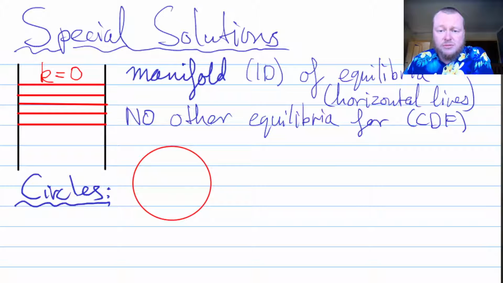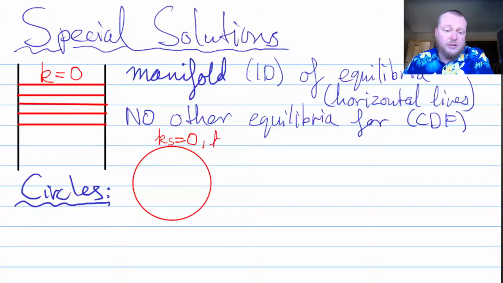Now, on this circle, we've got curvature. Now, if you think about it, a circle bends the same all the time. And so basically what this is an example of is a curve where the derivative of the curvature is 0. And so that means that it doesn't do anything for curved diffusion flow. It's an equilibrium. And any circle with any center and any radius is an equilibrium.